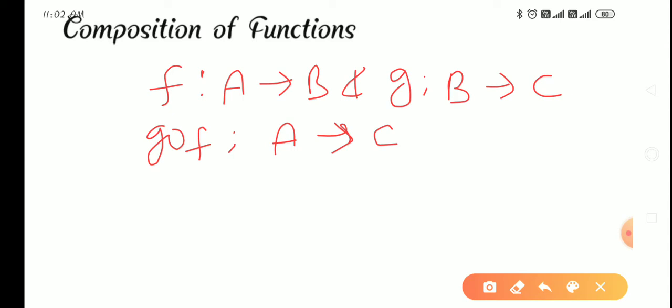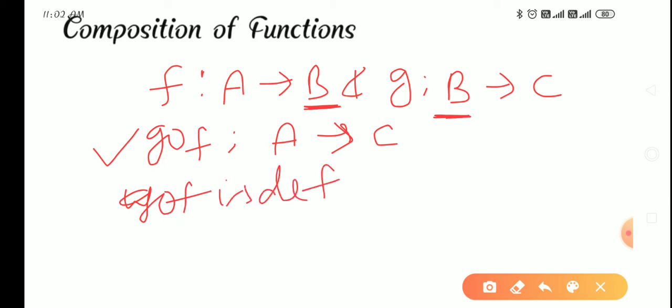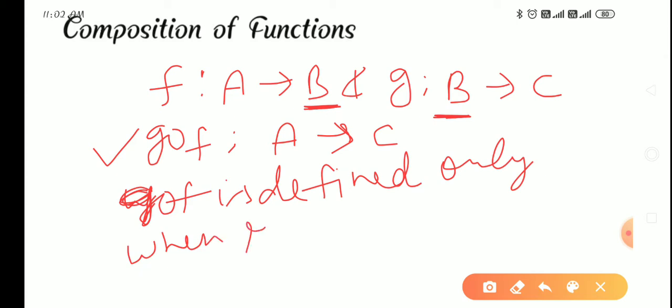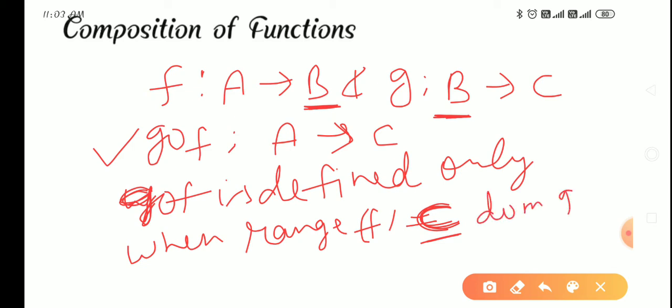But one more important thing I will tell you, gof will be defined only when range of f is the subset of domain of g.